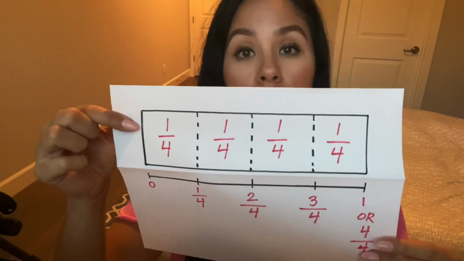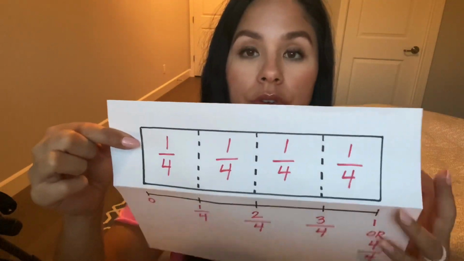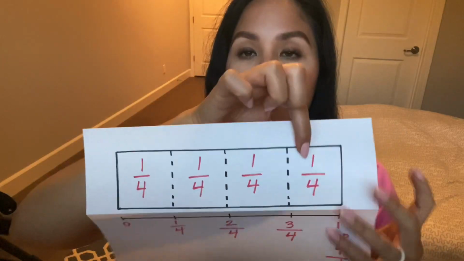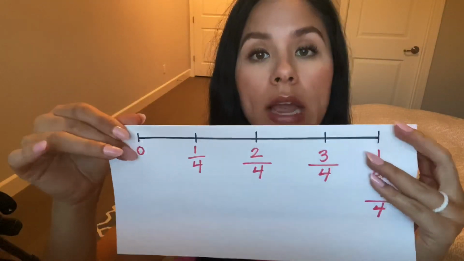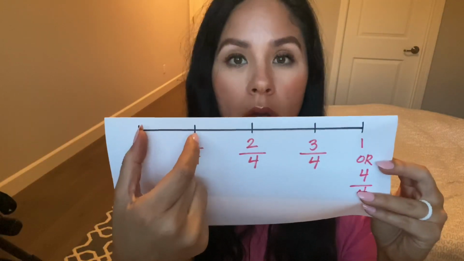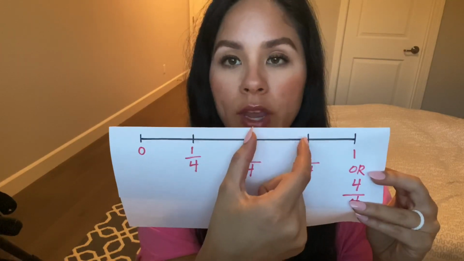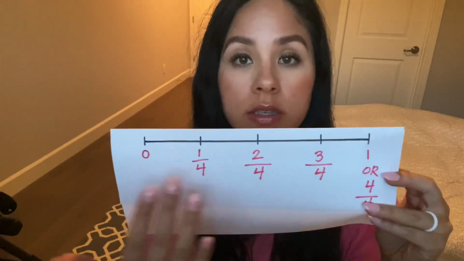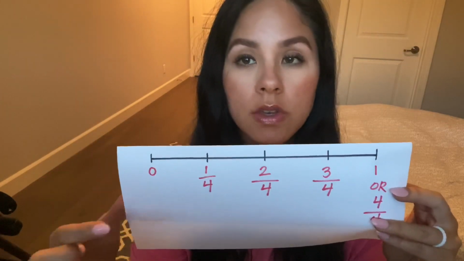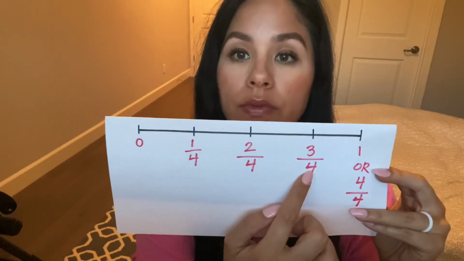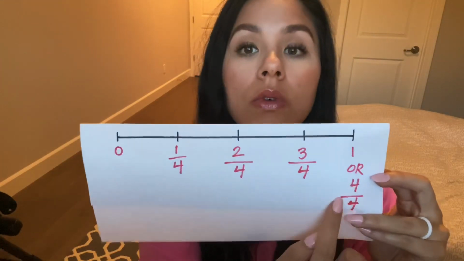How many equal parts are there on that bar? So you could figure out what the denominator is. 1, 2, 3, 4. The same thing goes for your number line. So I count the parts, the sections. 1, 2, 3, 4. I know this number line is split into fourths. So 0, 1/4, 2/4, 3/4, 1 whole, or 4/4, okay?